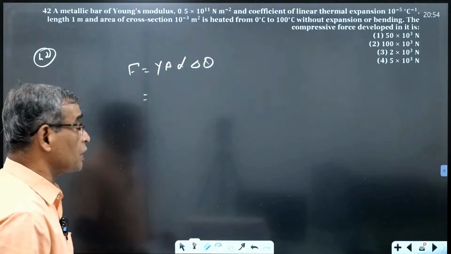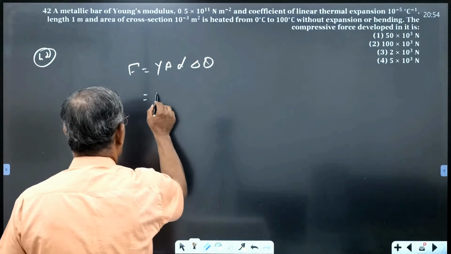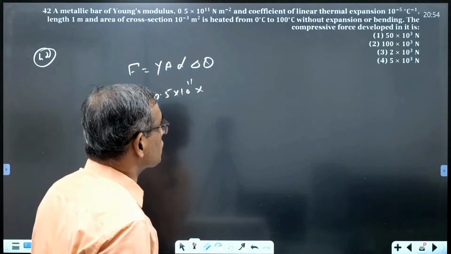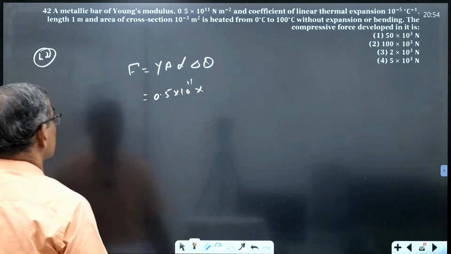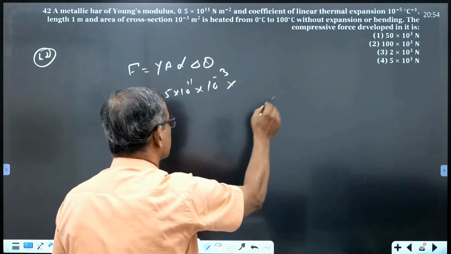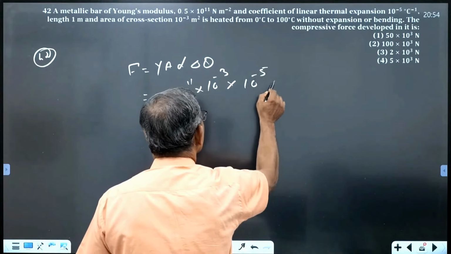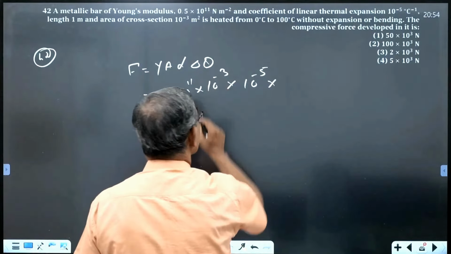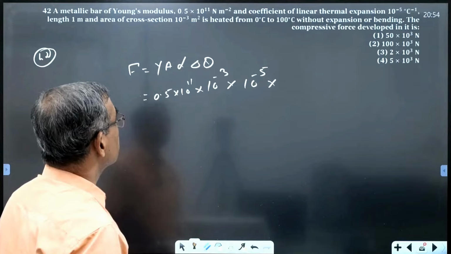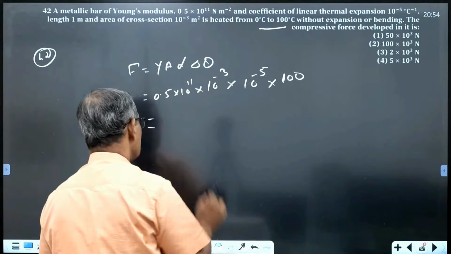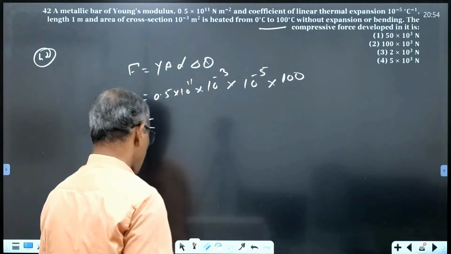Thermal force is Y A alpha delta theta. Y is given as 0.5 into 10 raised to 11, into area of cross section, which is 10 raised to minus 3. The unit is correct. Into the coefficient of linear thermal expansion, 10 raised to minus 5, into delta theta, the change in temperature, that is 0 to 100 degrees, so 100.